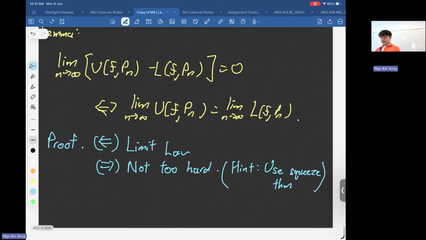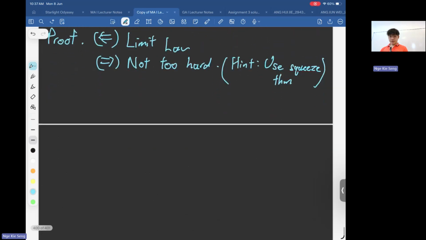So why do we do this? There's a theorem called the common limit criterion.